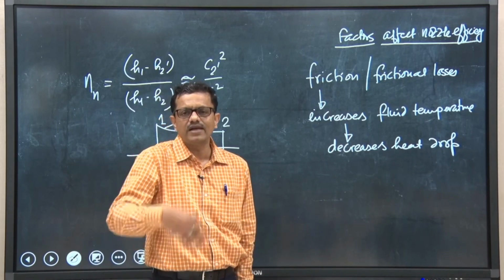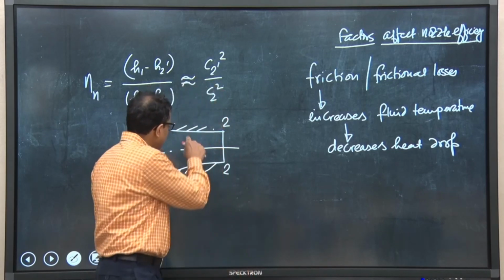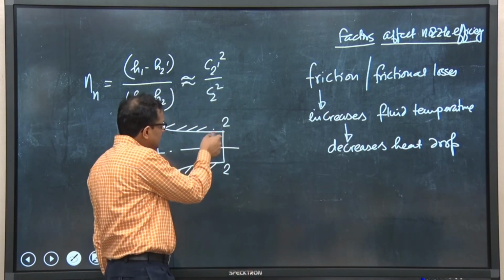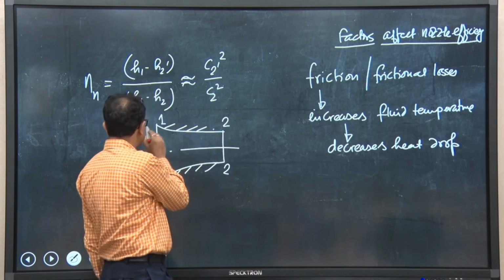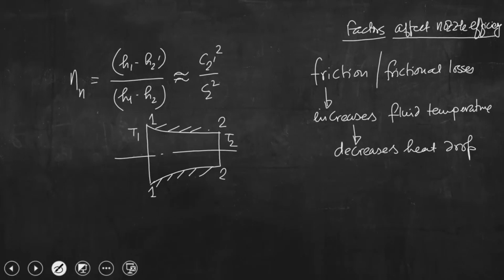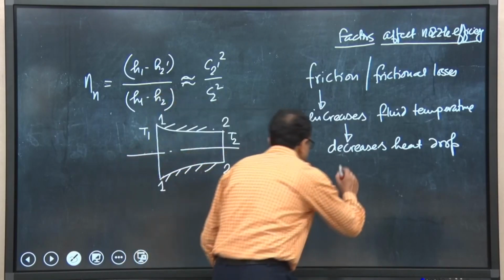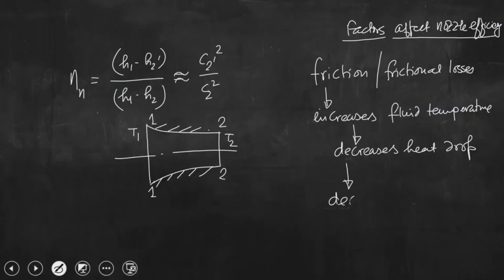Our objective is to minimize heat transfer from the flowing stream to the surroundings, but because of the friction, fluid temperature at the exit of the nozzle will increase. Suppose this is temperature T1, this is T2. Now, if T2 increases because of this frictional effect, then T1 minus T2 will decrease. So, that decreases the heat drop. Not only that, this frictional effect will also reduce the fluid velocity.